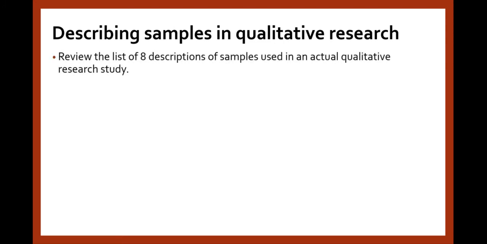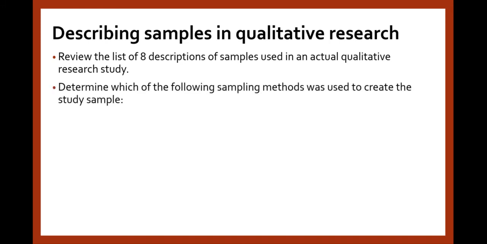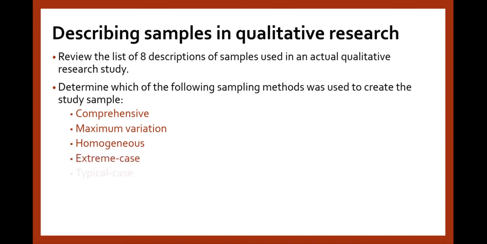So in order to describe samples in qualitative research, you need this kind of list, which probably sounds pretty familiar considering we just talked about these. Comprehensive, maximum variation, homogeneous, extreme case, typical case, critical case, negative case, opportunistic sample. All of those are words that are used to describe the sample. But if you are reading a qualitative research article, they may or may not use these terms specifically and explicitly.